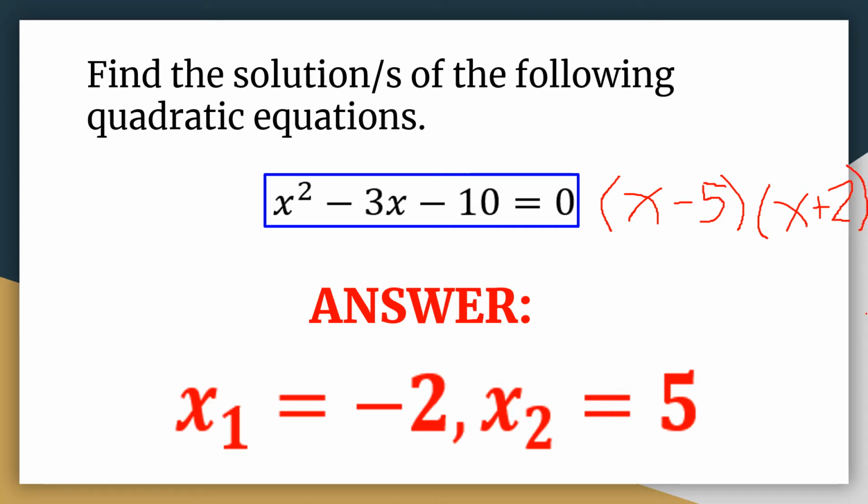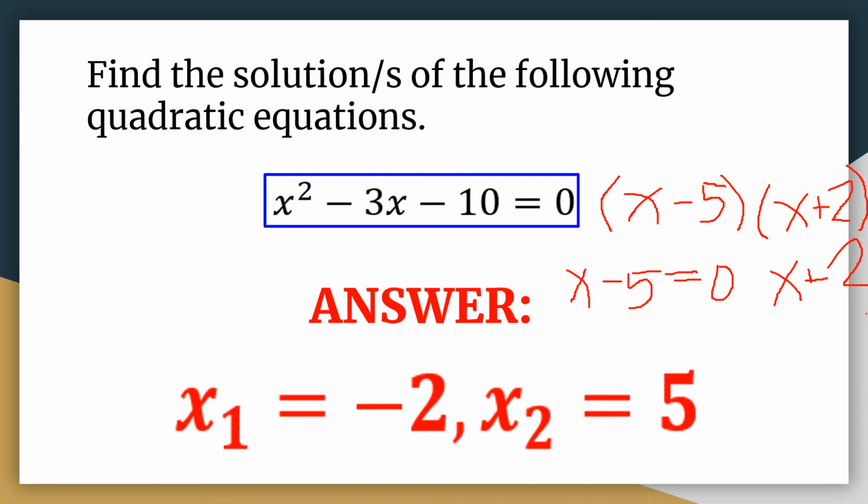And if we're going to get the roots, by zero product property, x minus 5 equals 0 and x plus 2 equals 0. So x equals positive 5 and x equals negative 2.